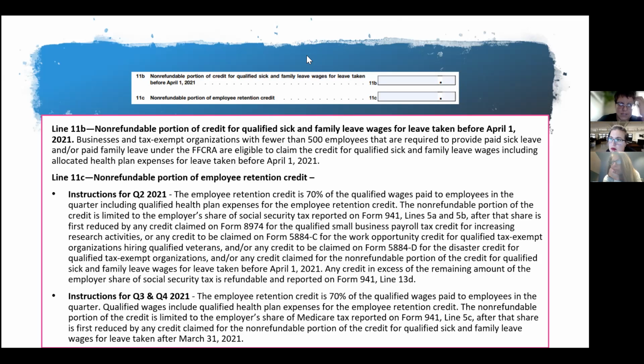It's pretty close to the same for third and fourth quarter: 70% of qualified wages, and reduced by the same things for wages taken after March 31st.